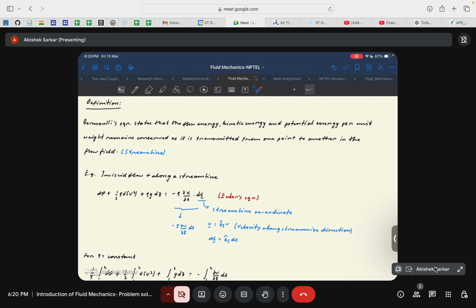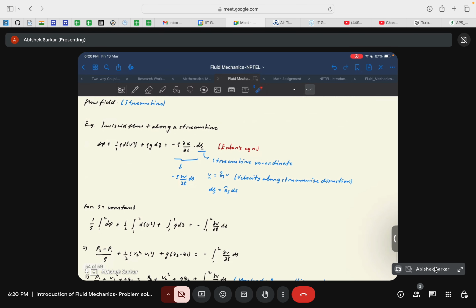But there are some cases or problems where the unsteady form of the Bernoulli equation also becomes important, which we will discuss now. Okay, so for an inviscid flow along a streamline, Euler's equation of motion can be represented as this equation. It is simply the same one that we have discussed already. We have just brought back the unsteady term.